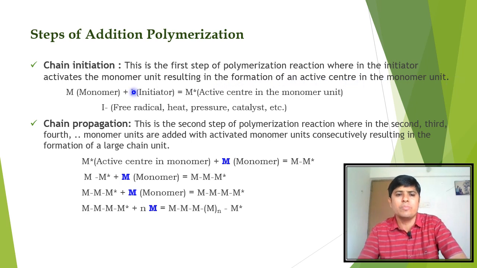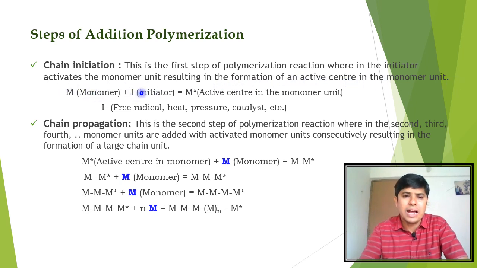See, this is a monomer, and this I is an initiator. So this initiator will activate this monomer in chain initiation, giving an active center in the monomer unit. The initiator may be a free radical.